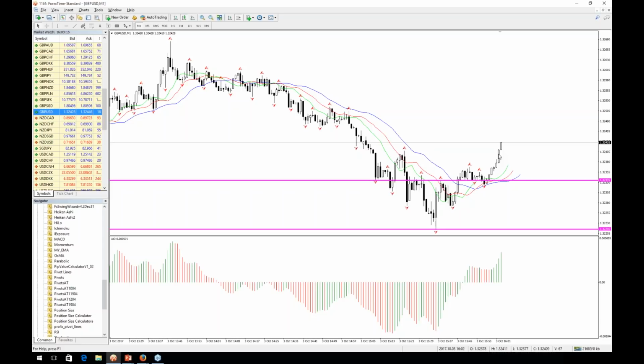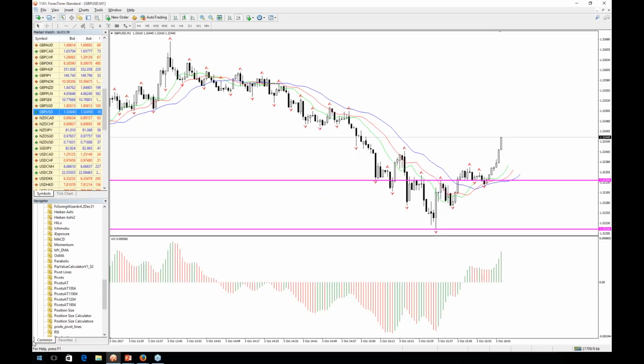So I'm not really enthusiastic about the trailing stop, especially in the beginning of the trade. If you use a trailing stop to secure your profit, then it's different. But let the market move, give it space to breathe, and then start using these trailing stops. Okay, guys?